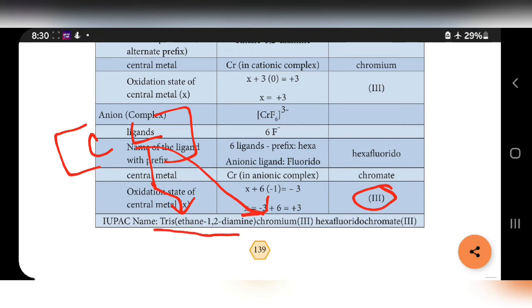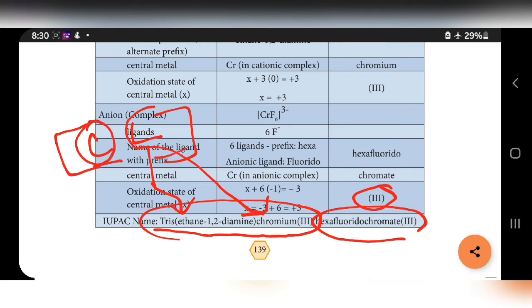Positive charged part over. Next one, negative charged part. The negative charged part is also a square bracket only. Here also it contains central metal ion and ligand only. First you have to write the ligand, that is hexafluorido. Second, you have to write the central metal ion name, chromate(3). So the name is tris(ethane 1,2 diamine)chromium(3) hexafluoridochromate(3).